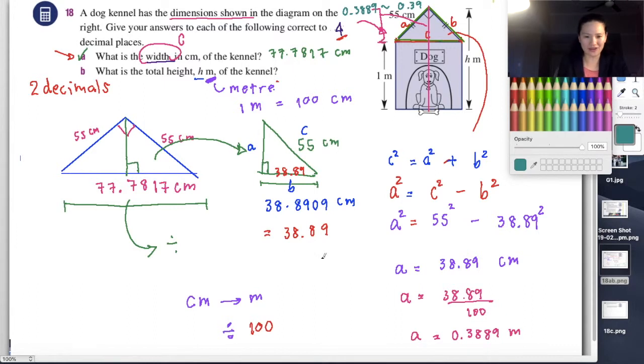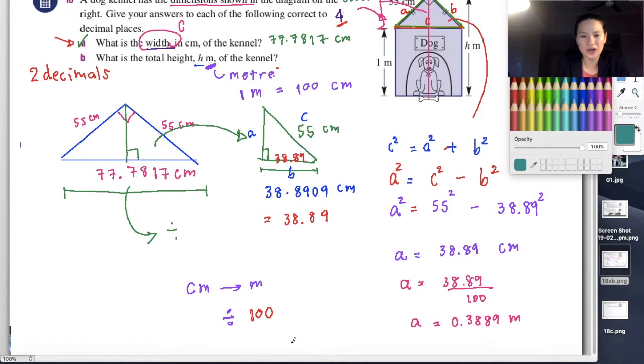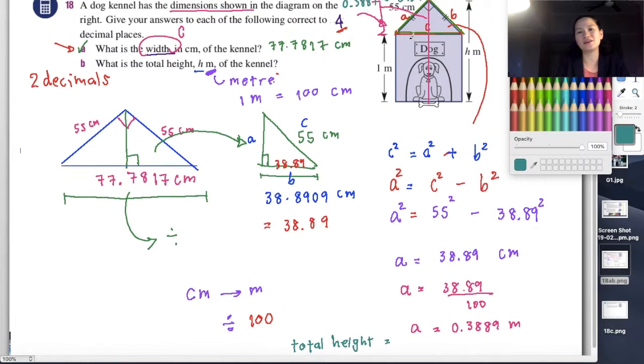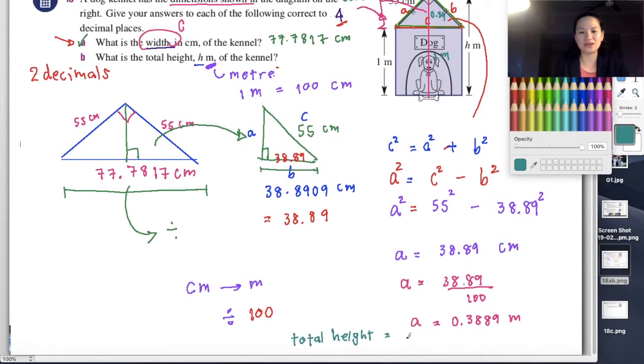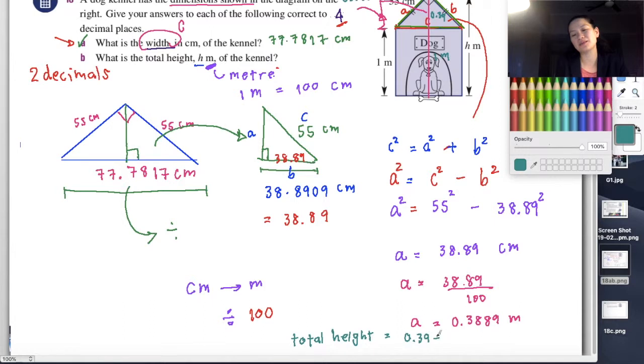So your answer could be like this. Total height equals 0.39 plus 1 meter, which is 1.39 meters. And this one is your answer.